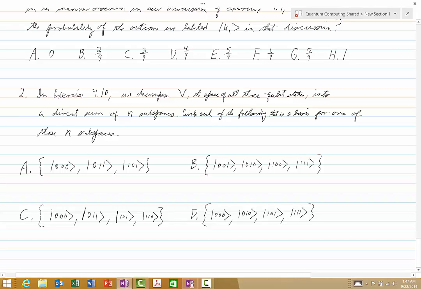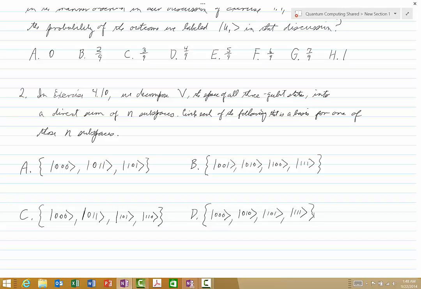Okay? And in case you don't have the book yet, here's a description of exercise 4.10. I'll read it directly from the book. It says, design a measurement on a 3-qubit system that distinguishes between states in which the number of 1 bits is even and those in which the number of 1 bits is odd, and gives no other information.